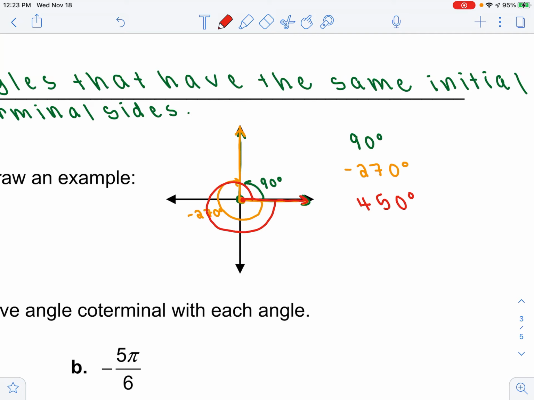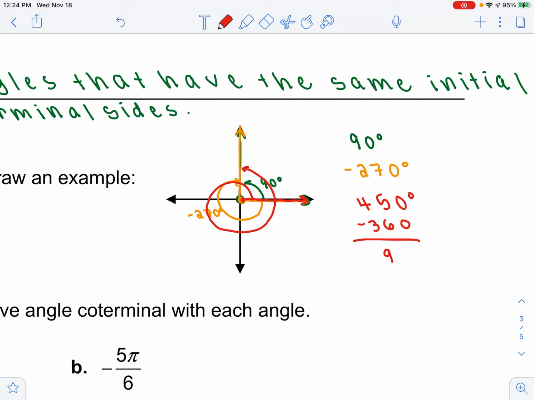And then the extra overage there, so we subtract 360 from that, you see you have that additional 90 degrees left over. Note that that would also land on the same spot. So this idea of starting and ending at the same spot, no matter how many times you go around, and no matter which direction you go around.